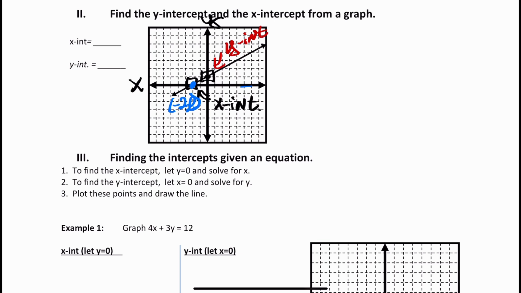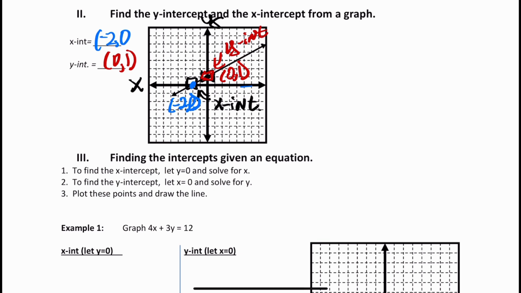And then likewise, the y-intercept of this example crosses the y-axis at 1. So when we write that as an ordered pair, it's (0, 1). And I'll put them over here: (0, 1) and (-2, 0).